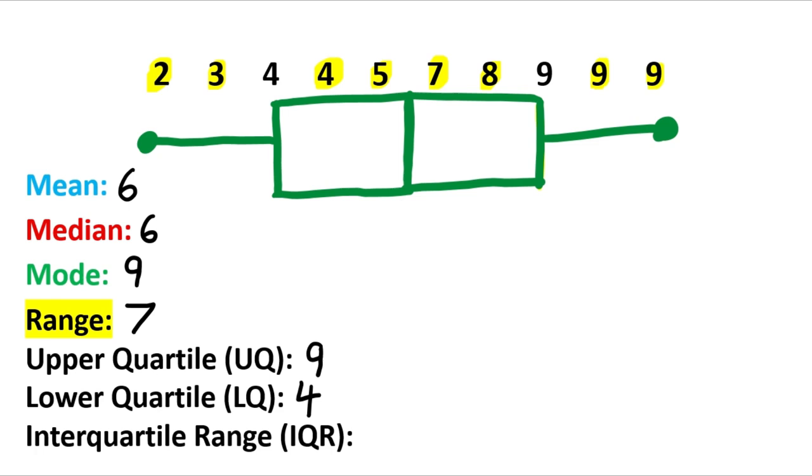So to do that, all we do is take the upper quartile, which is 9, and subtract the lower quartile, which is 4. So what is 9 subtract 4? Ladies and gentlemen, boys and girls, if you said it is 5, then you are absolutely correct. We have accomplished the impossible. We have done it together, and we will pat ourselves on the back and be proud.